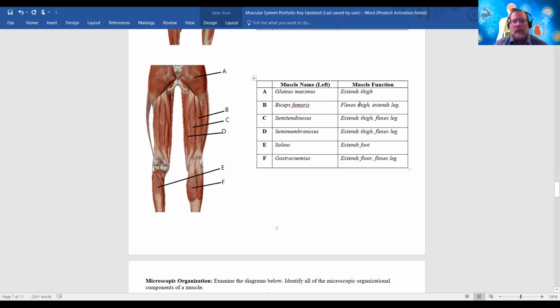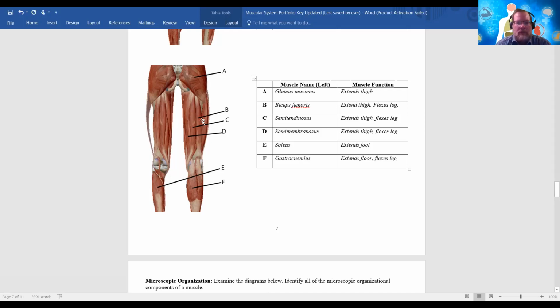Okay. So biceps femoris, we're going to get flexion of the leg, and extension of the thigh. This whole group, we would have a back group extend the thigh.